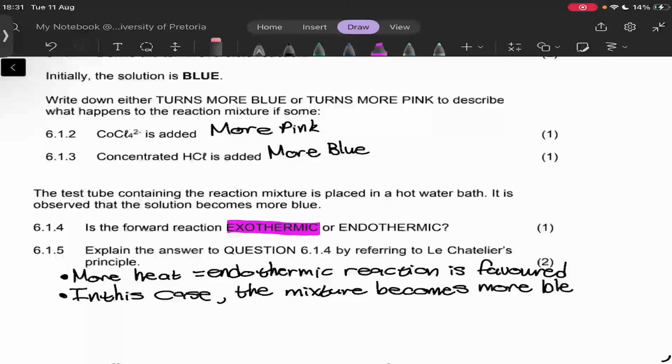So if you see that the mixture becomes more blue, it just indicates to us that the reverse reaction is endothermic.